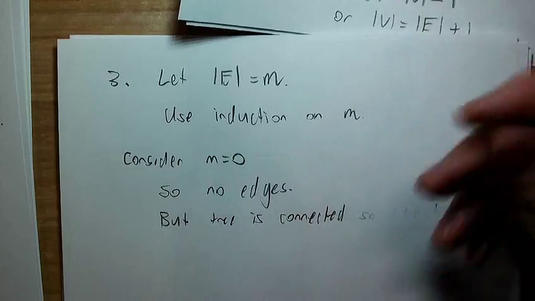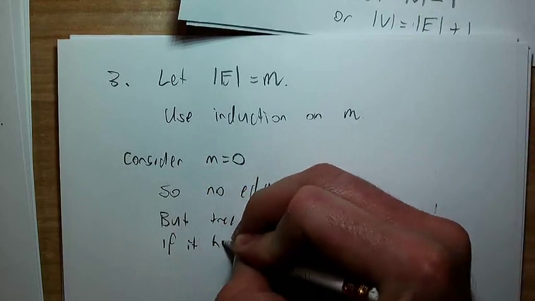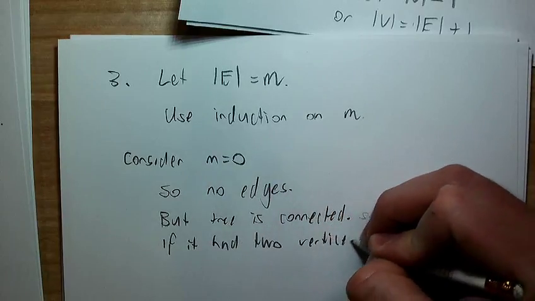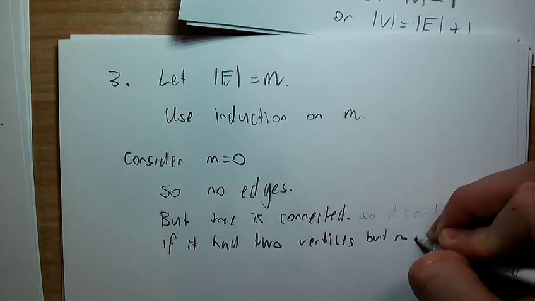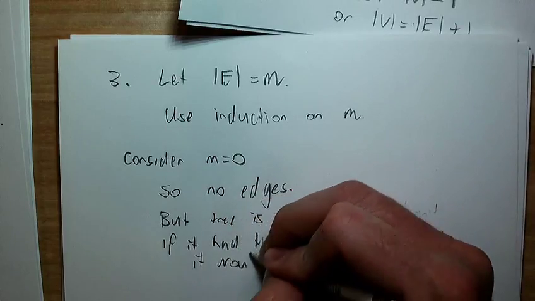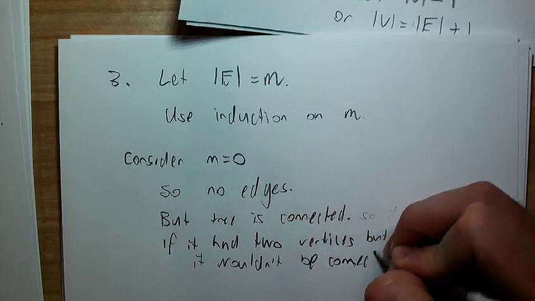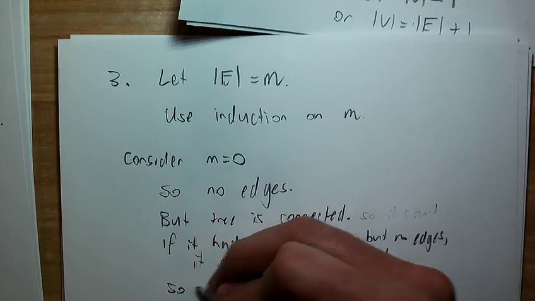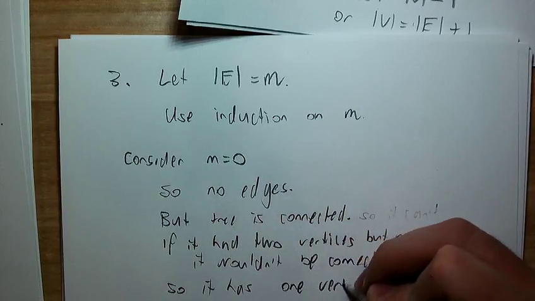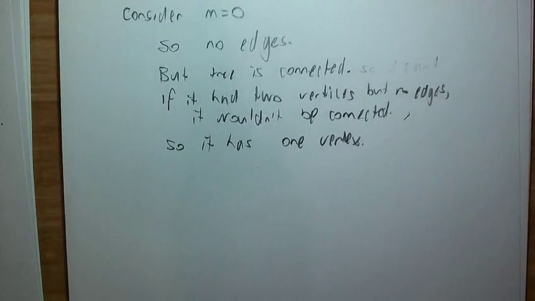Might be an easier way to say that, but a tree is connected. So if it had two vertices but no edges, it wouldn't be connected. So it has one vertex, assuming there's no such thing as an empty tree.